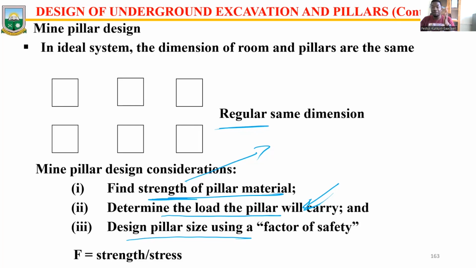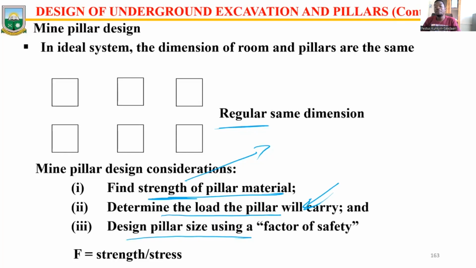When you define your factor of safety, you can tell that with this factor of safety, if I leave my pillars in this state, they are going to be stable or they need improvement. This factor of safety of a pillar is calculated by dividing the strength of the pillar by the stress you are going to impose, where the stress here refers to the load it is going to carry.